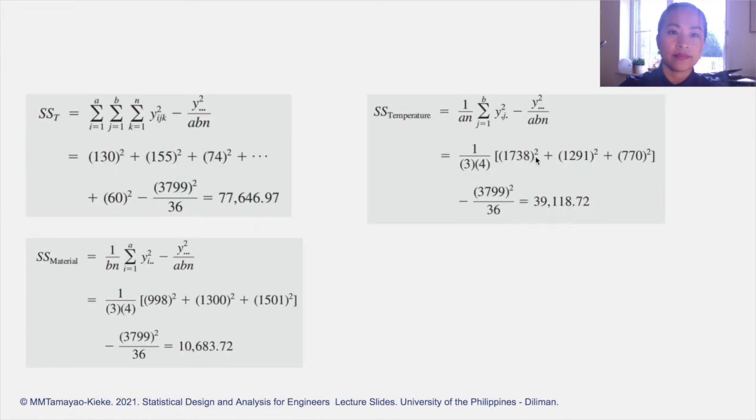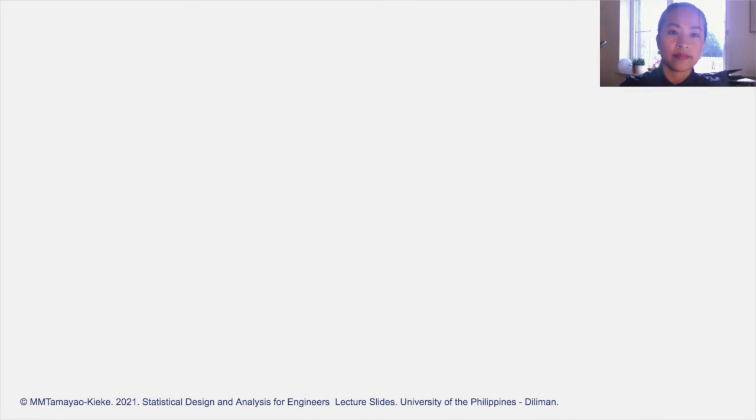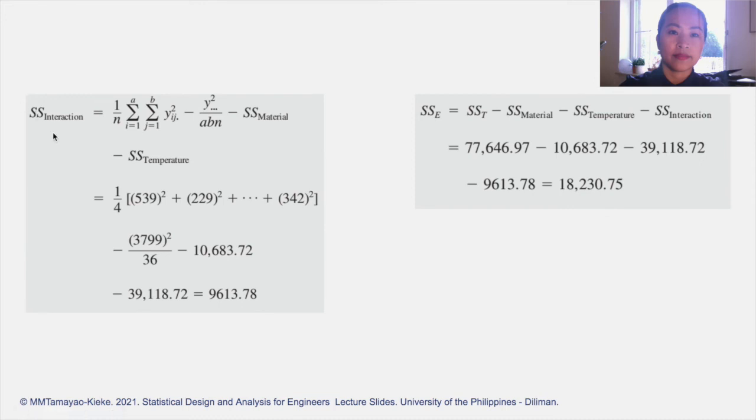So 1738 squared, 1291 squared, 770 squared, minus, again, the same value that we've been using. So SS temperature is equal to 39,118.72.